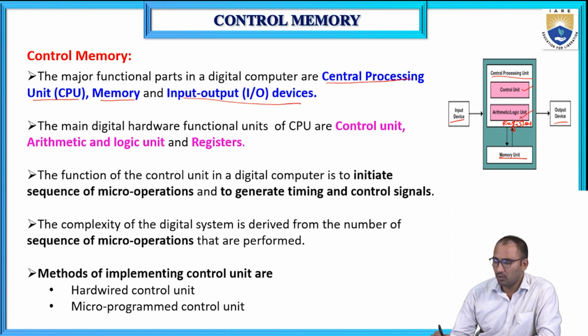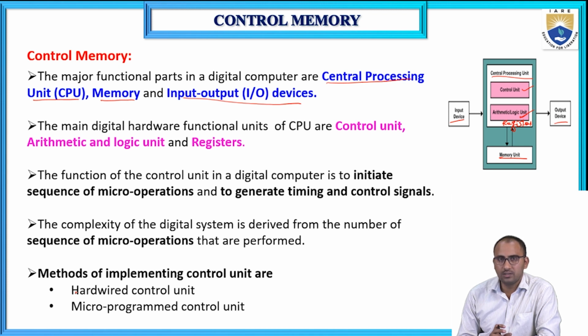We already know about the ALU. ALU means arithmetic and logic unit. It performs several arithmetic and logical operations. Arithmetic operations are addition, subtraction, multiplication, and division. Logical operations are AND, OR, XOR, NOT, complement. These are all the logic operations.